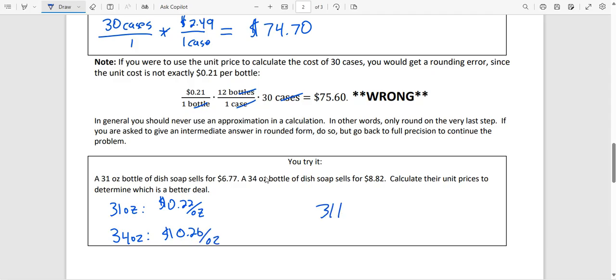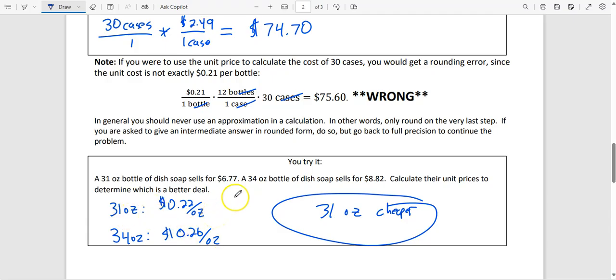So the 31-ounce bottle is cheaper. Better deal. So you compute with your unit price to figure out which one's a better deal.